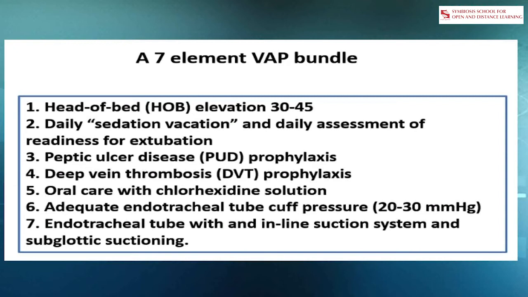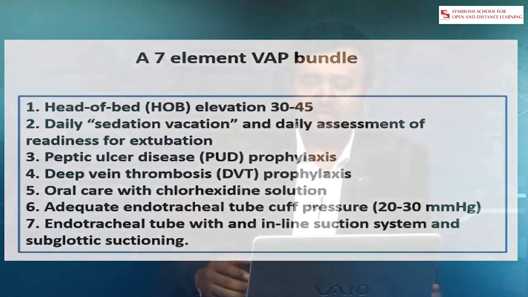Then adequate endotracheal tube cuff pressure, that is 20 to 30 millimeters of mercury, because I have seen nurses usually keep it at 15, 10, 17, 18 and they do not keep checking it. Every day in the morning rounds you should check the cuff pressure, and it should be 20 to 30. Endotracheal tube with an inline suction system and subglottic suctioning is quite cost effective when it comes to VAP.